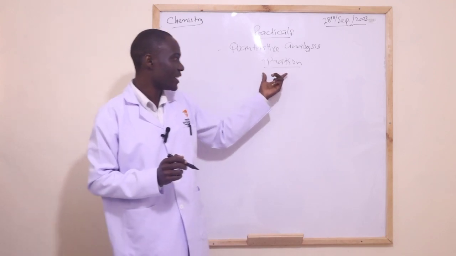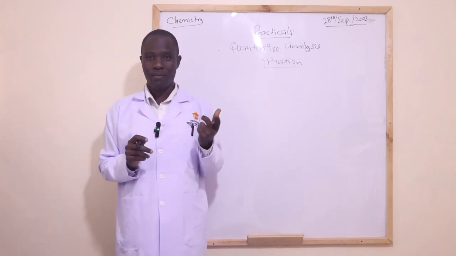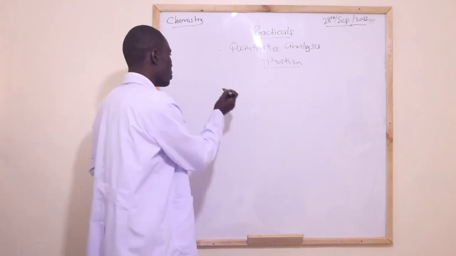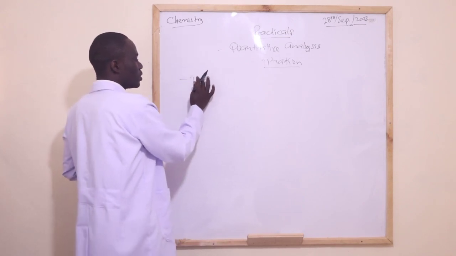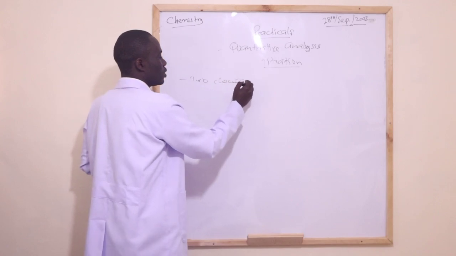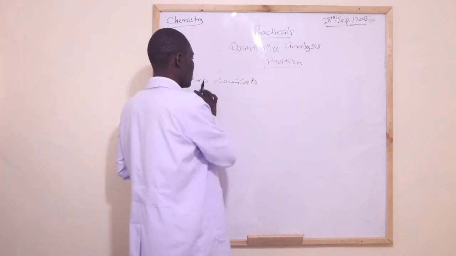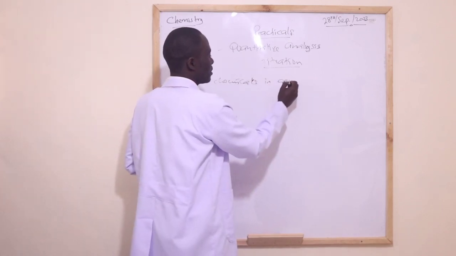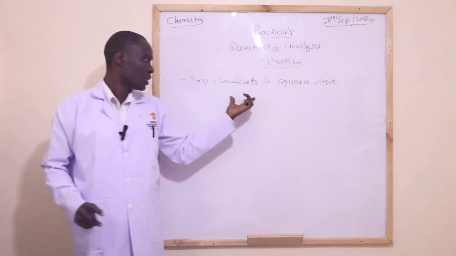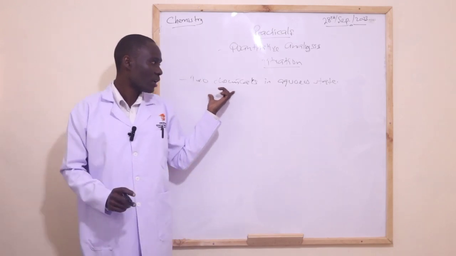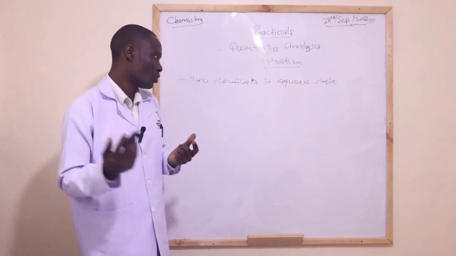In titration, as I said, there are normally two solutions. We normally use two chemicals in aqueous state. One of these chemicals in aqueous state is normally of a known concentration.